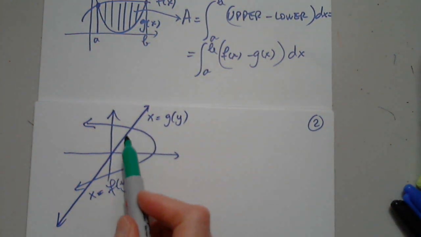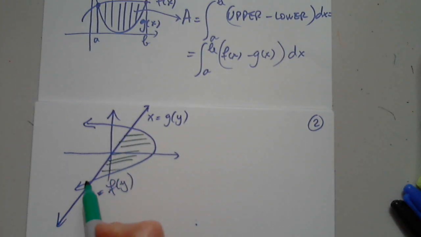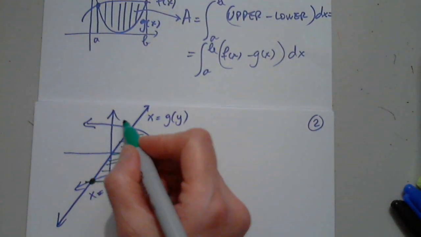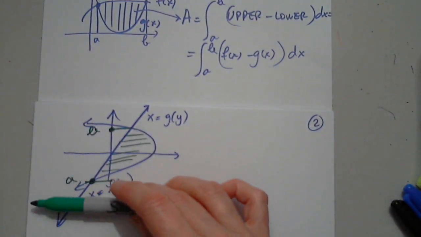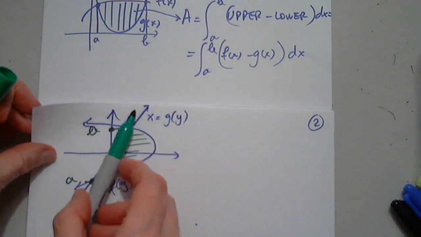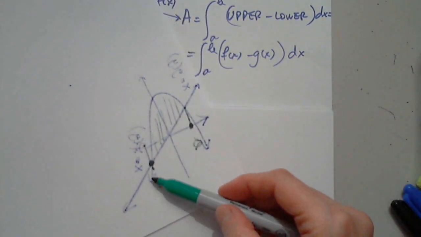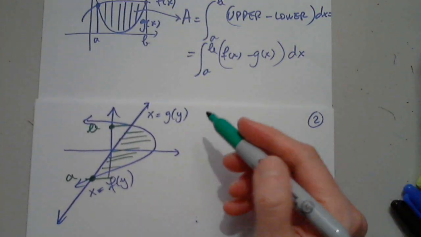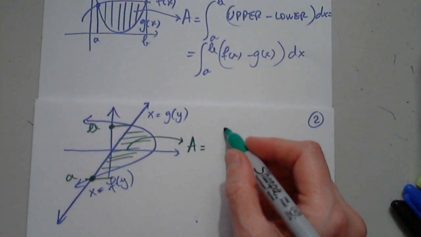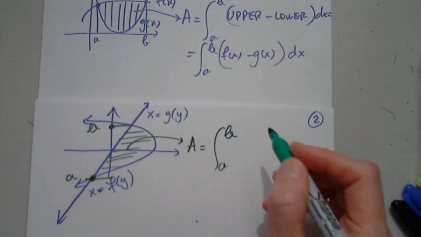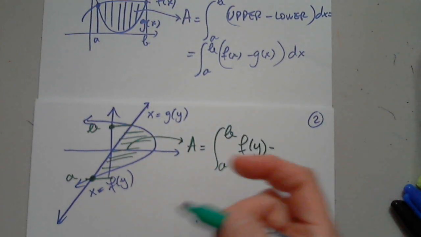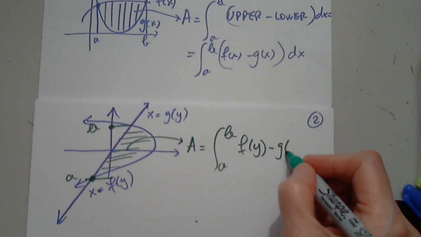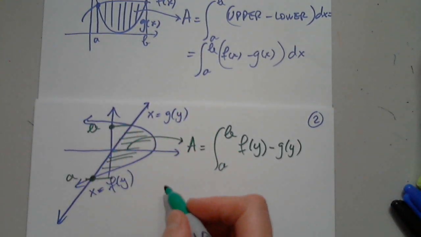Exactly the same. I have to determine the points of intersection. So between a and b, from lower to higher, from above minus below, same idea as with the positive side. So this area is now the integral from a to b of above, which is f of y, minus below, which is g of y, or if you want, right minus left, same thing.